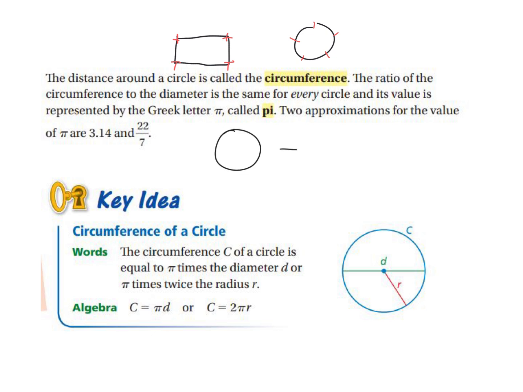So I take a circle, cut it somewhere, and roll it out into a straight line. We actually find that its diameter and its circumference have a ratio of pi. This is where we get this Greek letter pi.